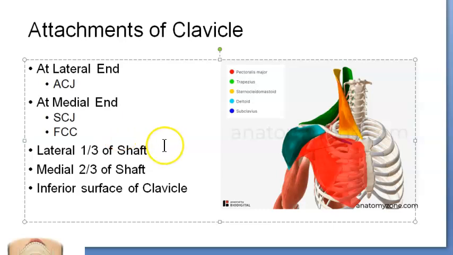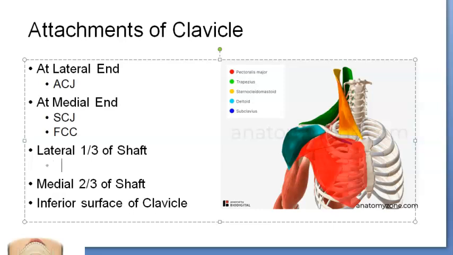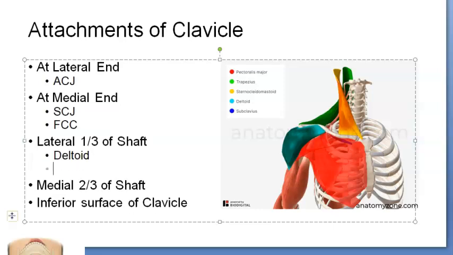Now coming to the lateral 1/3 of shaft, what attachments are there? So in the lateral 1/3, what can you see here? Anterior border will give origin to deltoid. So I wouldn't remember so much, but if you want, you can remember. Deltoid is something that I can see, right?